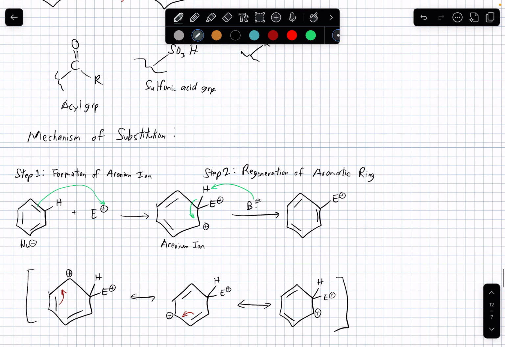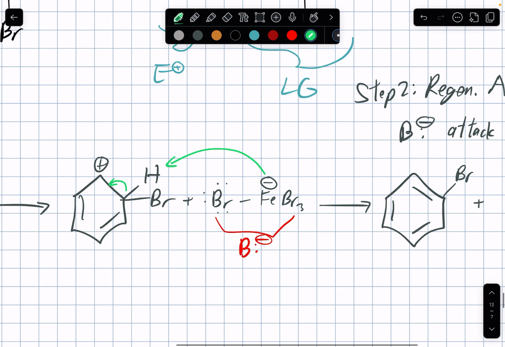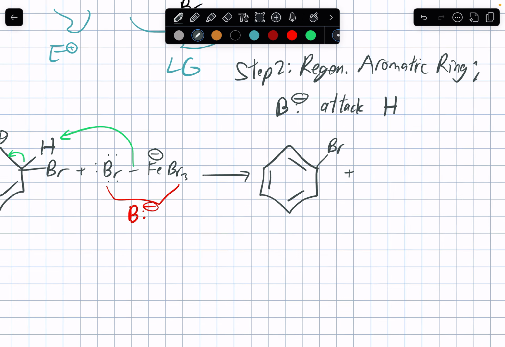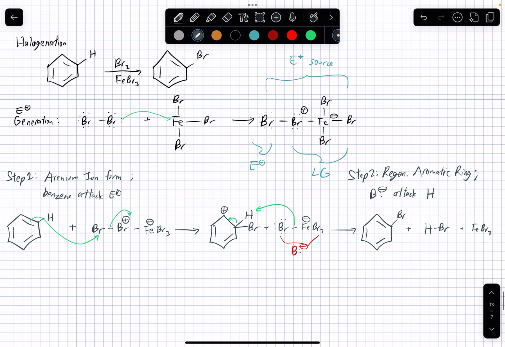Wait a minute. Sorry. Minor correction. The arrow has to come from the bond, not the negative charge. Not sure why, but it happens that we have HBr, this one and this one, combined together, and then FeBr3. So it does make sense.